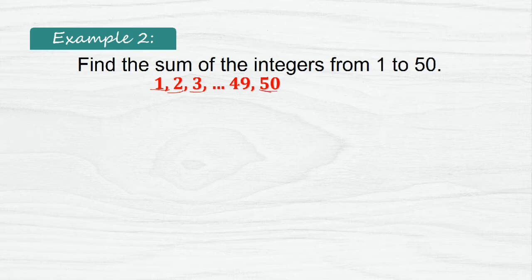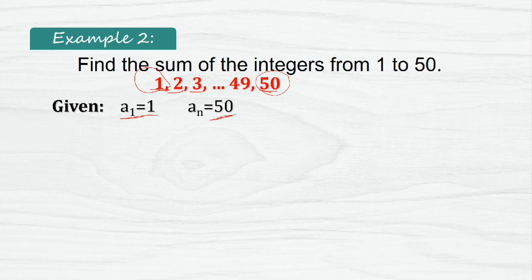So in this case, since it's simply integers from 1 to 50, that means automatically our first term is 1 and automatically our last term is 50. So to identify the given, the terms needed in our formula, we have our first term, which is 1, and our last term, which is 50.